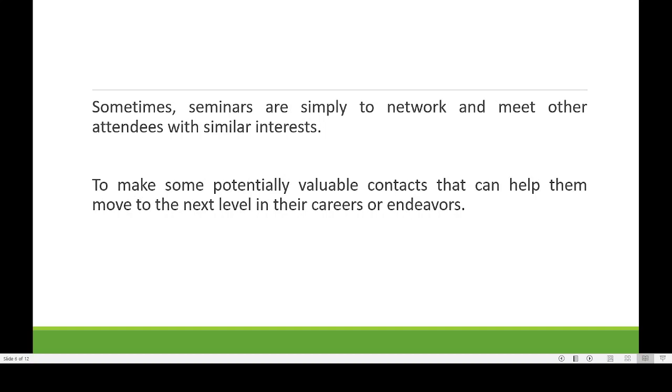So that is a main purpose of any seminar: to network and establish more contacts. Ultimately that is a primary purpose of any seminar, to make potentially valuable contacts, because in research contacts are very important, especially when you are dealing with Europeans or Americans. If they don't know you personally, they will not support you.